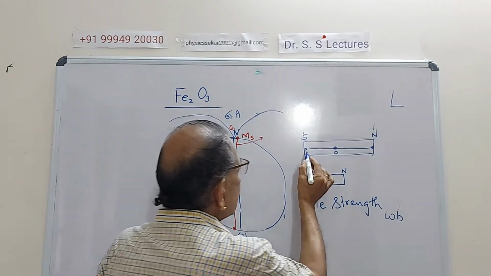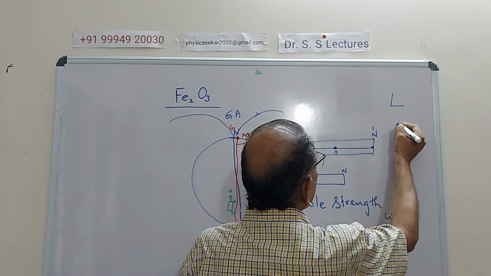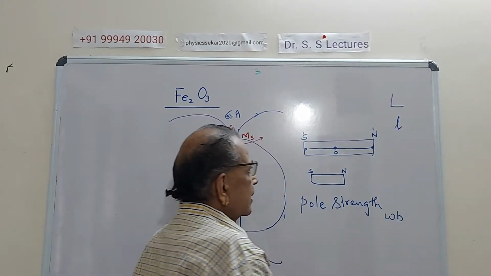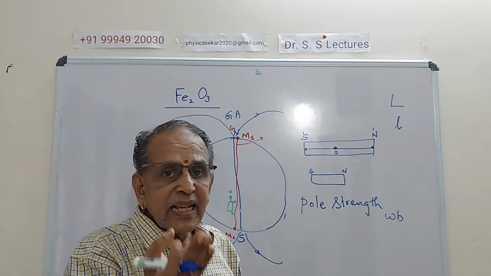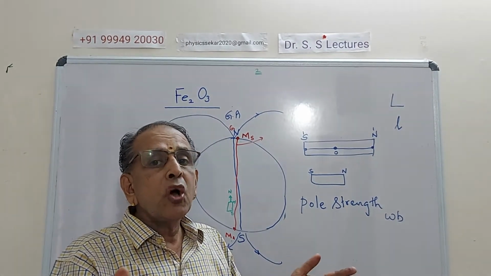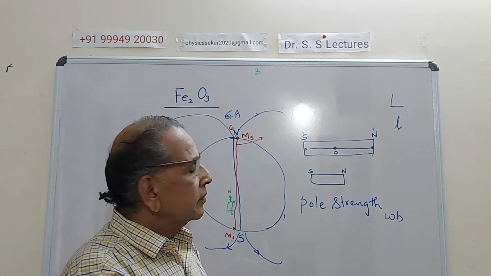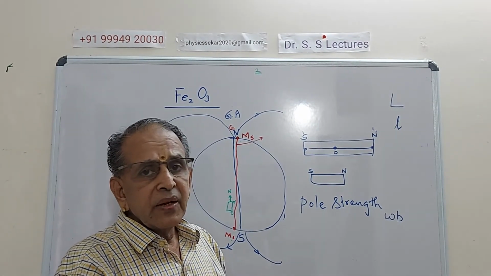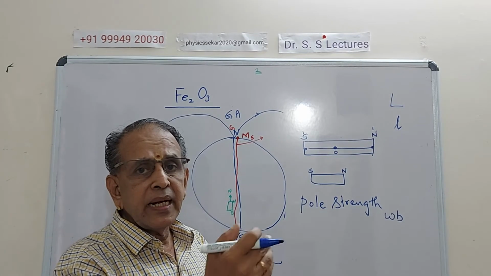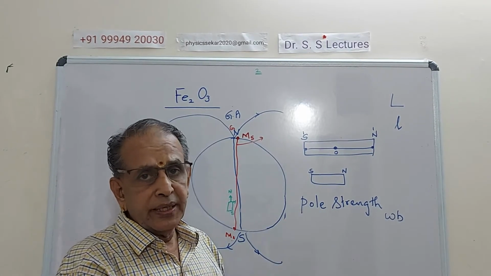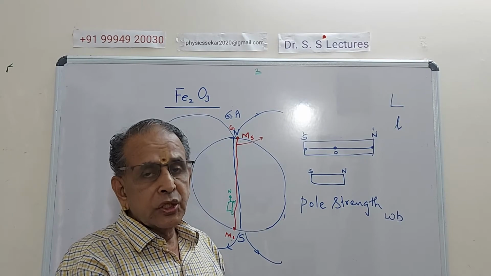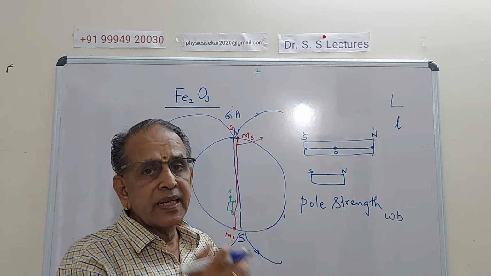Therefore, if this length has to be considered, that magnetic length L will be lesser than the physical geometrical length of the piece of the magnet. Further, when you want to consider any distance to be calculated, it should always be calculated from this center of the magnet.